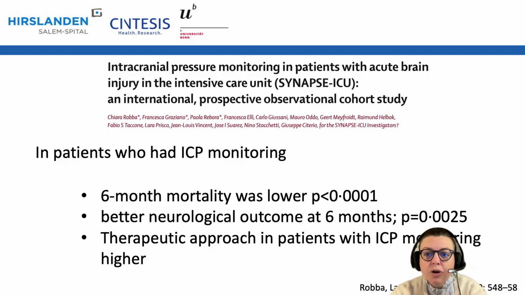The main outcome measure was functional disability at 6 months, assessed by the Glasgow Outcome Scale Extended, the GOSE. The findings indicated that patients who underwent ICP monitoring had lower 6-month mortality and better neurological outcome at 6 months, and obviously this group had a more intensive therapeutic approach. This study goes against many of the findings of the New England Journal of Medicine paper and gives ICP monitoring another light as a benefit for patients.